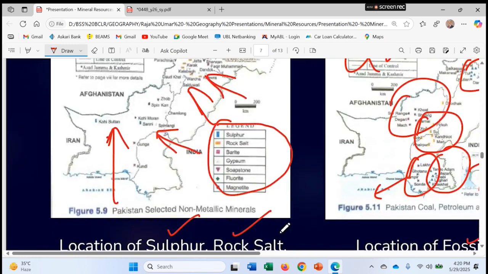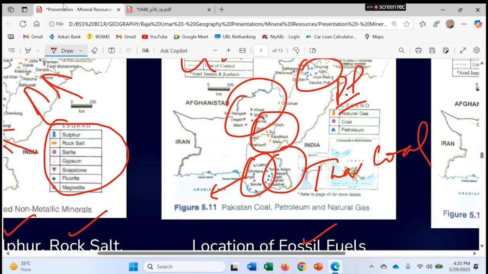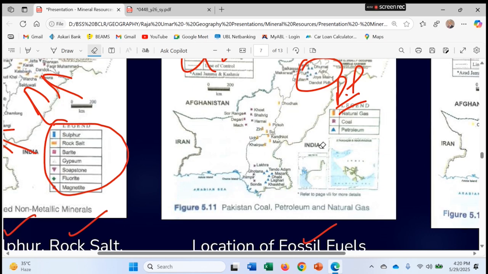If I zoom it up, then you will be able to see that here you can see, if I erase these circles over here, then you can easily analyze and easily identify in which areas which sort of mineral is available.